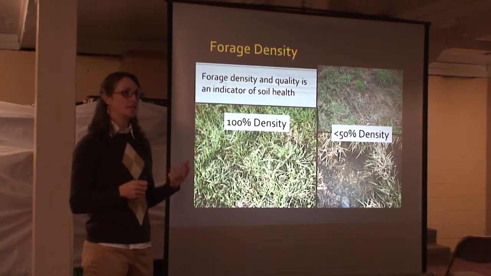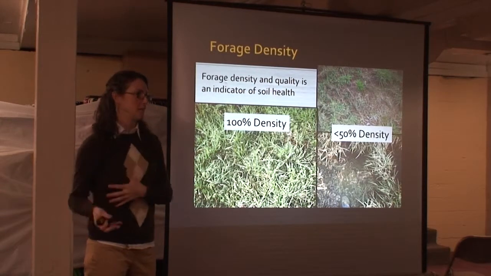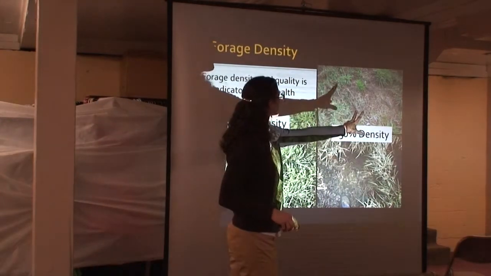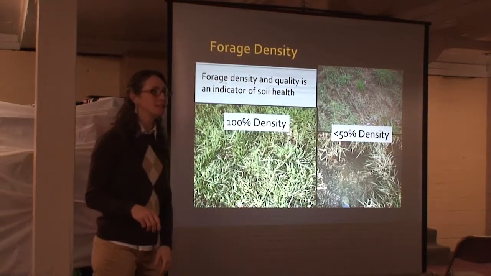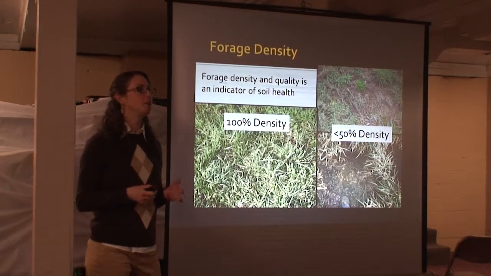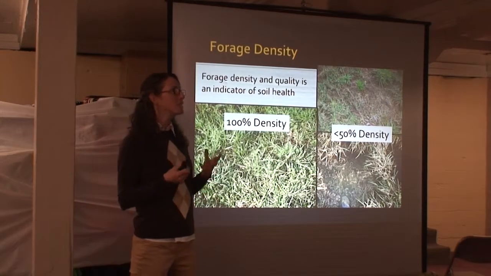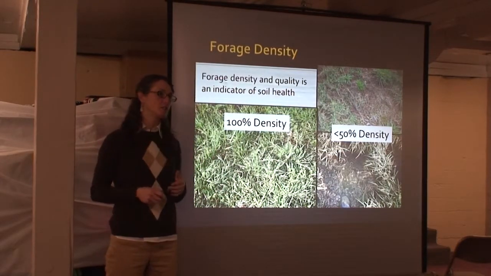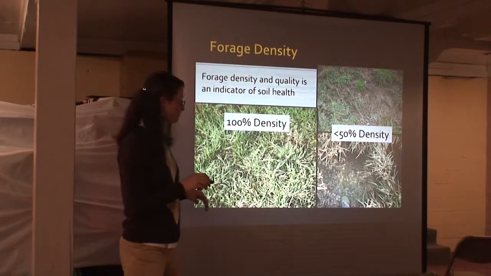Maybe I need to work on this field a little bit with X, Y, or Z type of practices. So this should not be happening in most cases. Sometimes it's just time to replant a field, but technically if you have really good soil health and you've managed that really well, you should have longevity in your forage fields for a very, very long time.